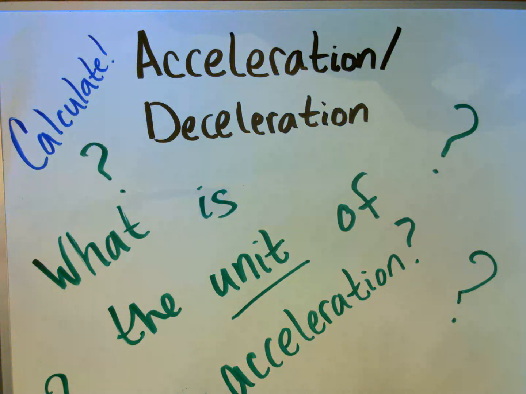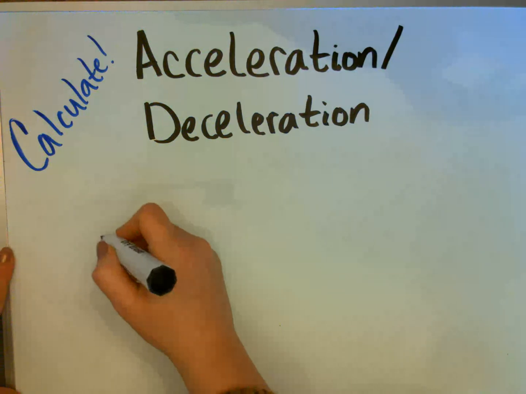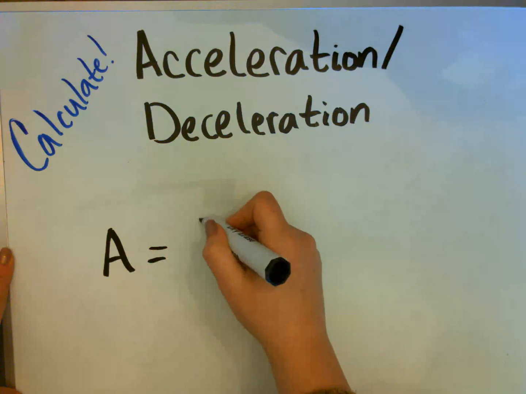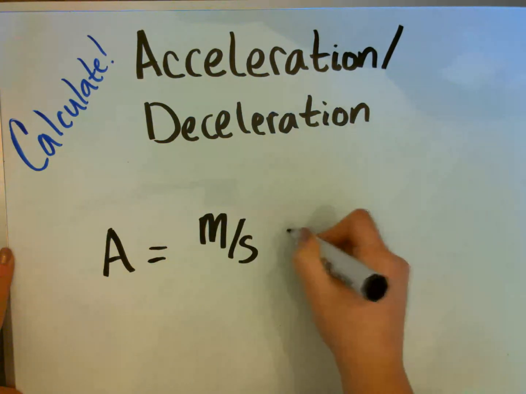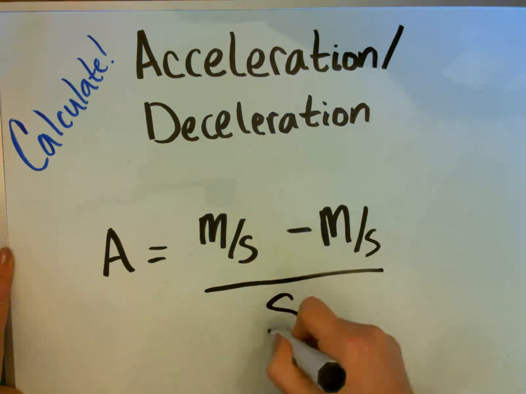Now that you know the equation though, we might be asking this question, but what is that final unit of acceleration? Well, I'm glad you asked. To derive or find the units of acceleration or deceleration, we have to look at those units that we attach to final speed, initial speed, and time. So if we're calculating acceleration, and we know we have on the top meters per second minus meters per second all over seconds.